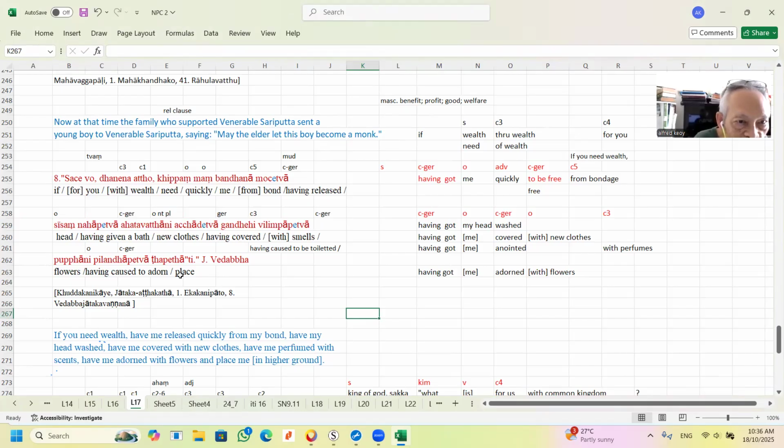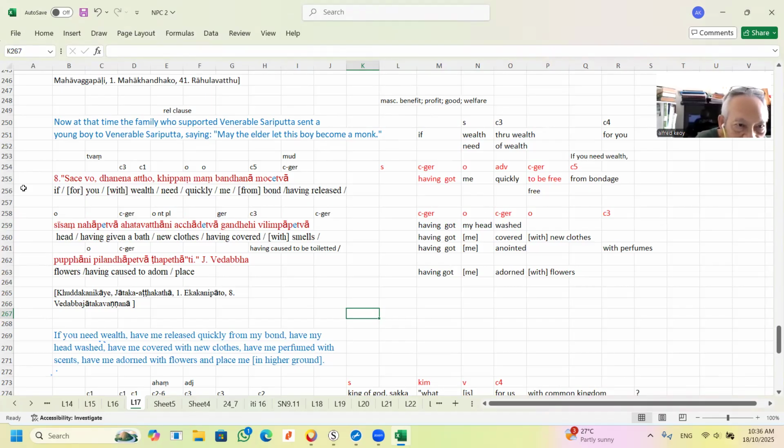Okay, mostly all causative. So in this case, we start from here already. Okay. Having got, can you see? Sisa is the head, this is the object. And then having got, I put because it's head, it's understood my head.